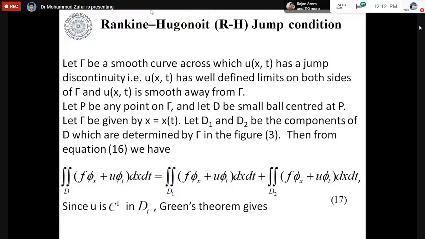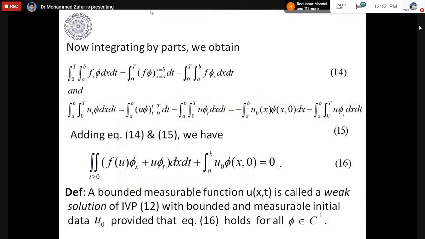Let p be any point on gamma and let D be a small ball or disk centered at the point p. Let gamma be given by x is equal to x of t. Let D1 and D2 be the components of the disk D which are determined by gamma, as in figure 3 we have just seen. Then from equation 16 we have, can you show equation 16, Jafar, last?